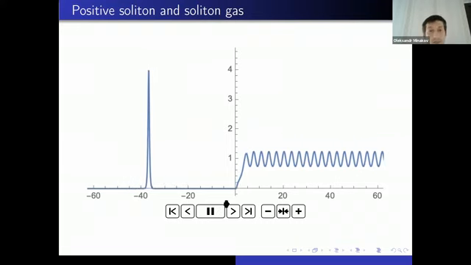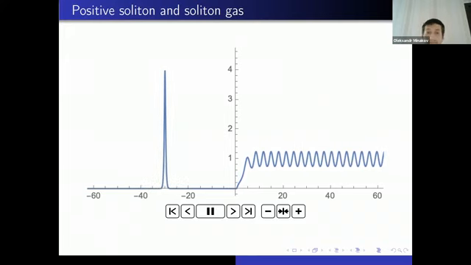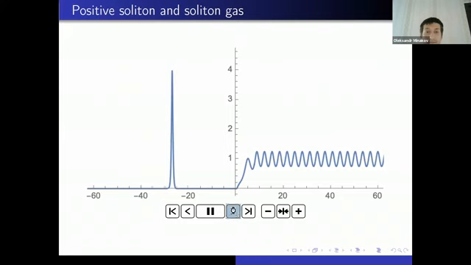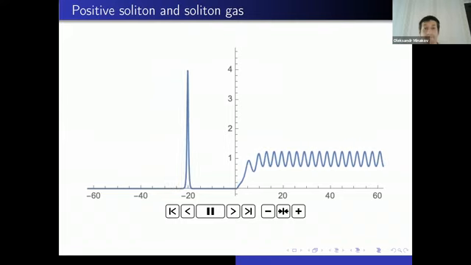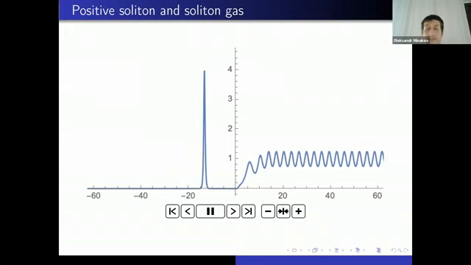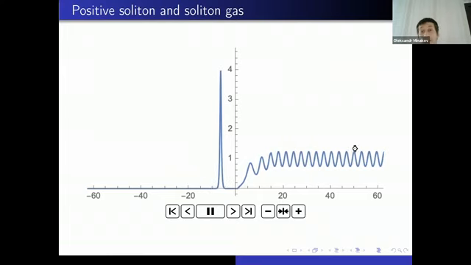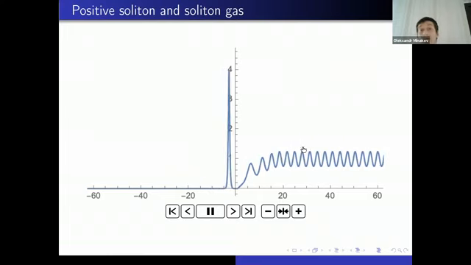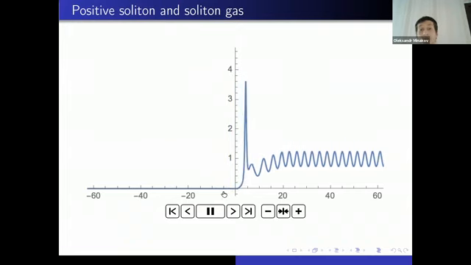Maybe I can try to speed it up. Here we have a regular elliptic wave, and here a transition from it to zero.